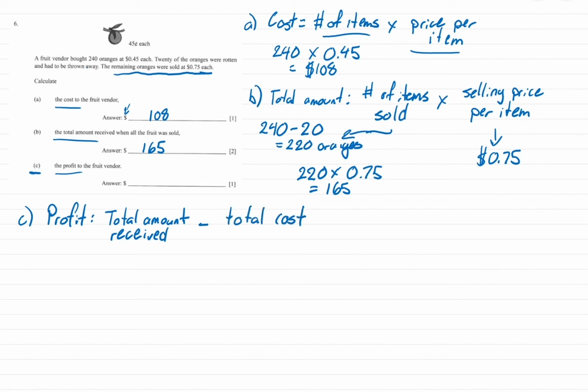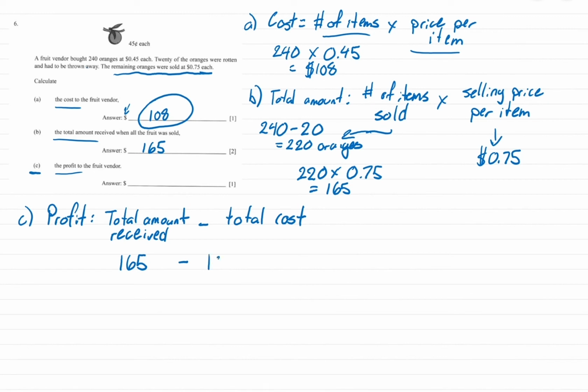Remember, in part B, we found out that the total amount that we received is $165. So I'm just going to write 165 right here. And then in part A, we found out that the cost of all these oranges was $108.